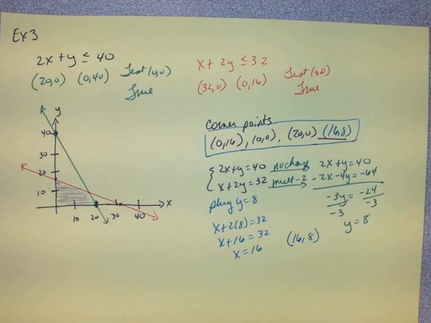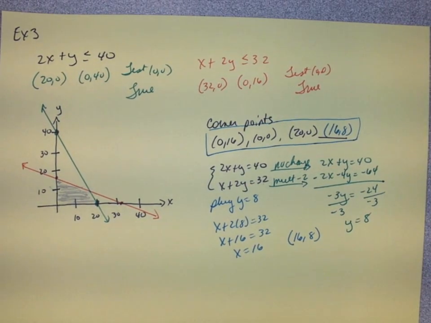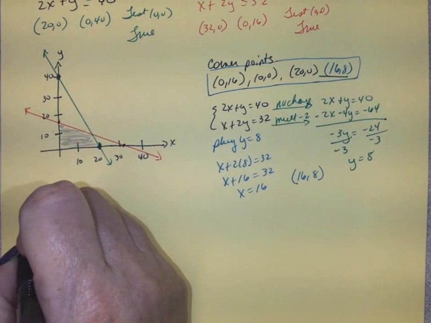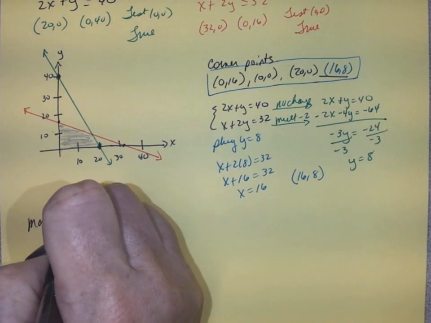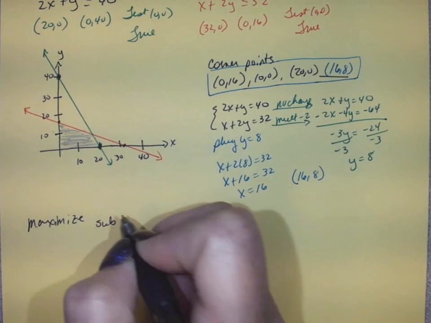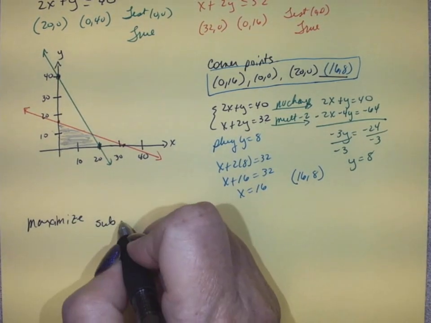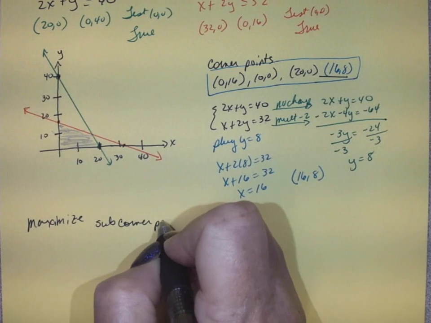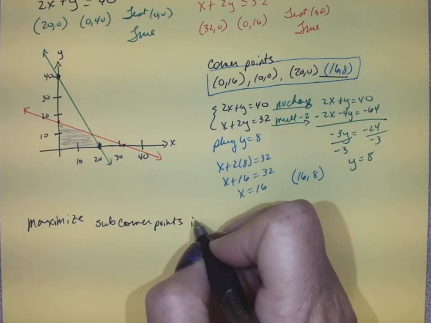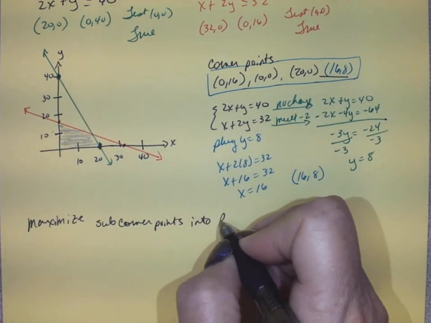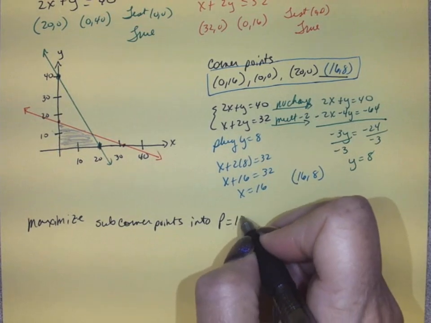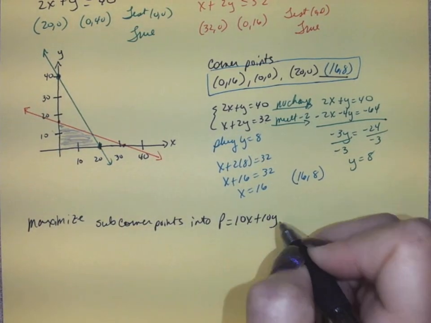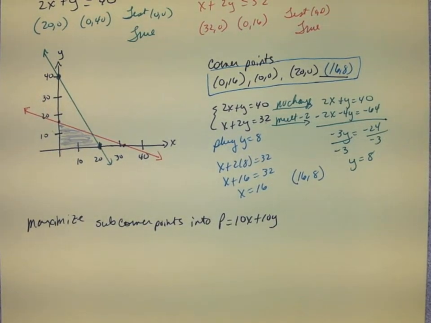We need to know what those corner points are in order to do the maximize. So to maximize, we are going to sub the corner points into the equation of p equals 10x plus 10y, which was what we were given.